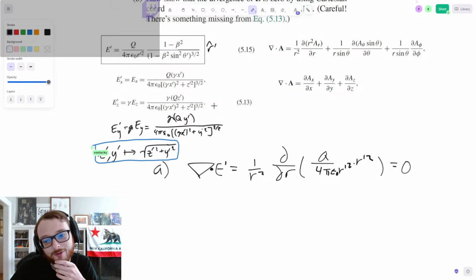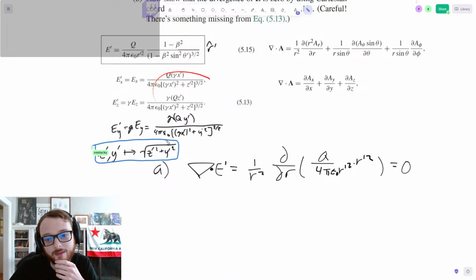What am I trying to say? We do need to modify these first two equations to include a y, and that substitution would do that if we pulled out those z prime squareds and put in this. Why do we have to change the z?